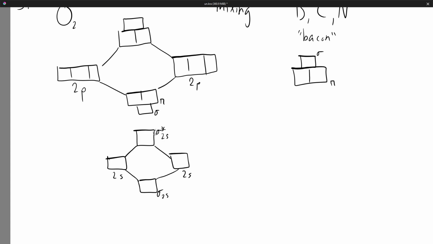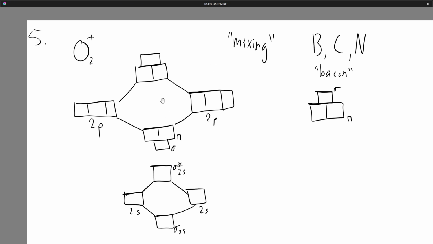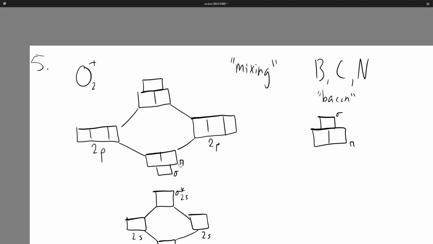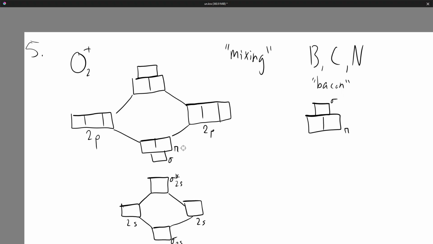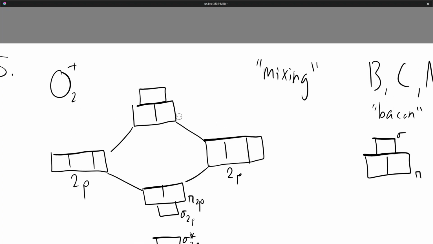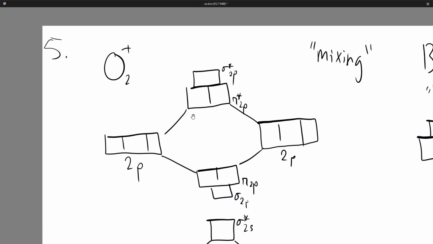The star is reserved for the ones on the top half of the orbital diagram. So this is sigma star. I mean, this is sigma 2p, pi 2p, pi star 2p, and sigma star 2p.